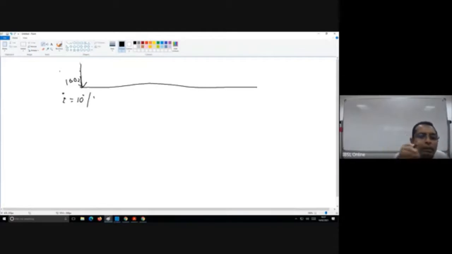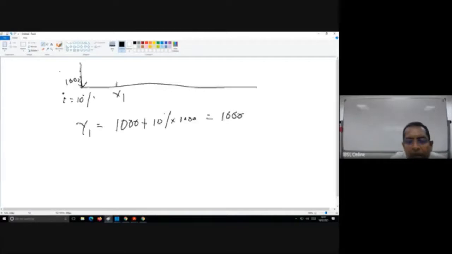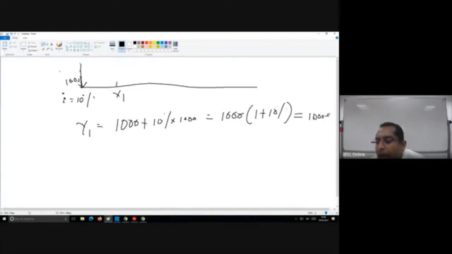Year one, you will get 1000 rupees plus 10% of that 1000 rupees, which is equal to 1000 times (1 plus 10%), which is equal to 1100. 1000 plus 100, 1100.